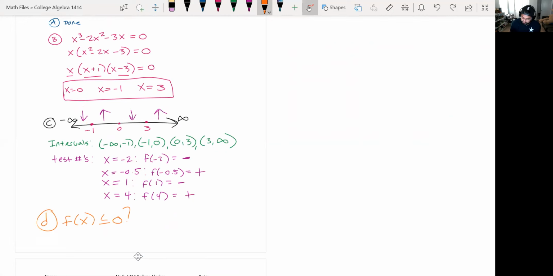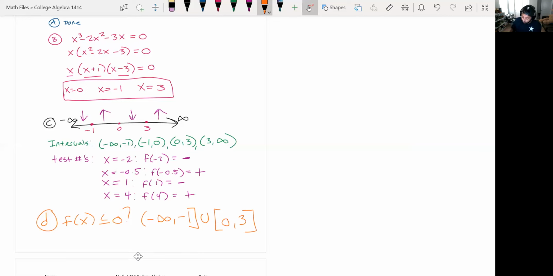So from negative infinity to negative 1, and since we are on the x-axis at negative 1, it gets a bracket. Union, then look at your next below, which is the interval 0 to 3, where both 0 and 3 are included.